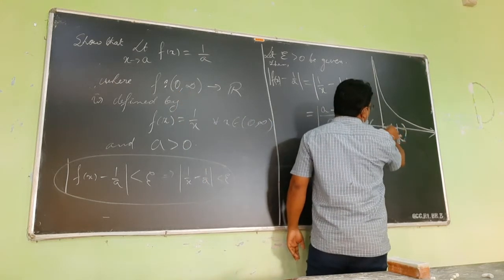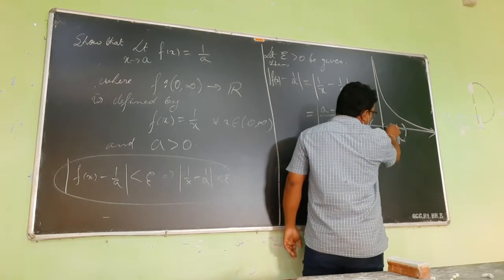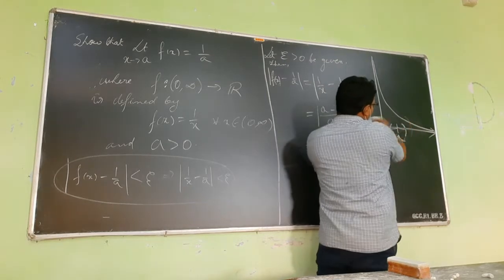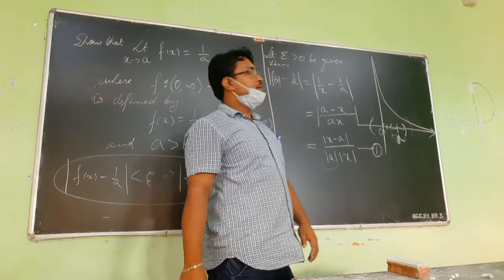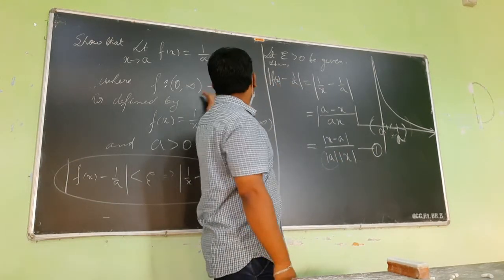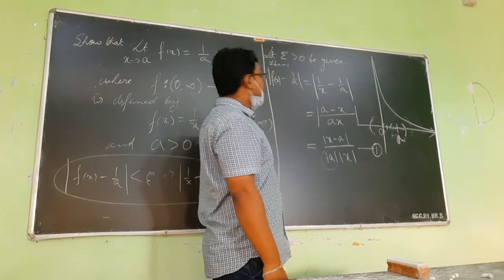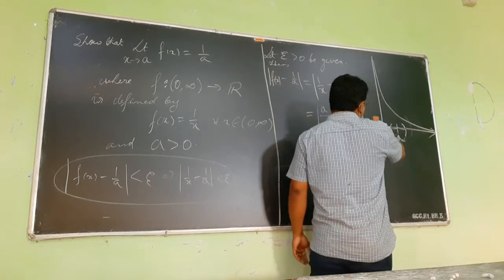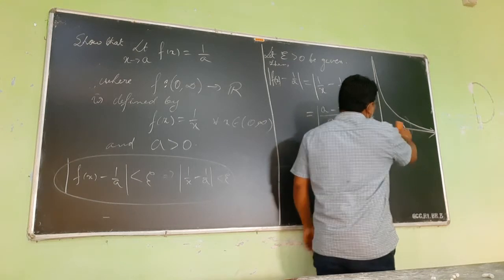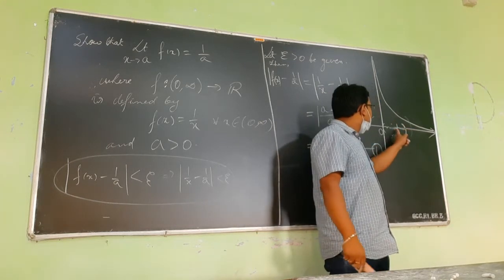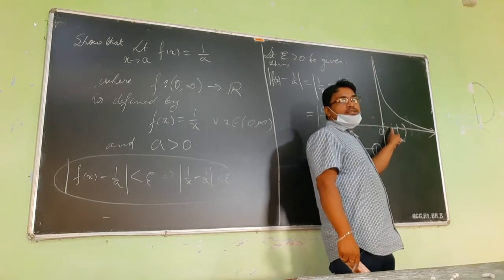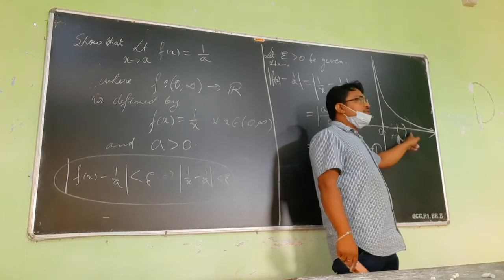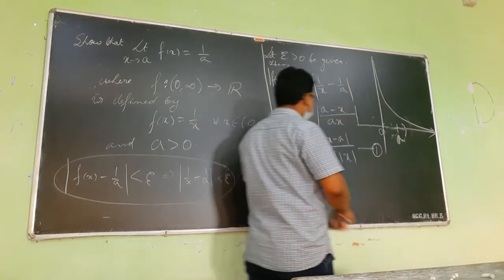If I take something like 1, and the point a may be here 0.001, it's going outside this set, and outside that set the function is not defined. So we want to remain inside the domain. a is a point inside this, a by 2 is also a point inside this. So we will consider the neighborhood from a by 2 to this, so that it is inside the domain.